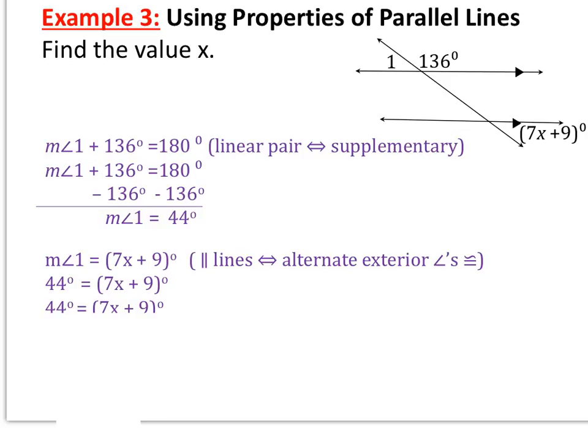So for x, subtract 9 from both sides, so 44 minus 9 is 35, and then divide both sides by 7, resulting in x equaling 5. So you're simply using properties of parallel lines to solve for unknown values of x.